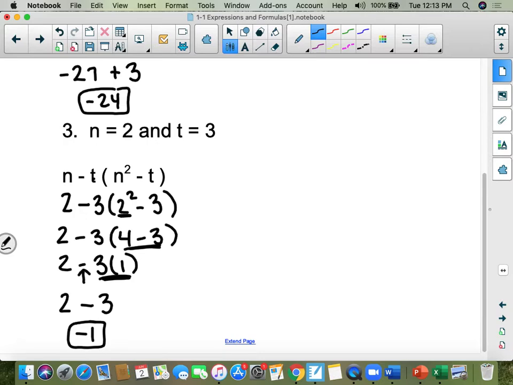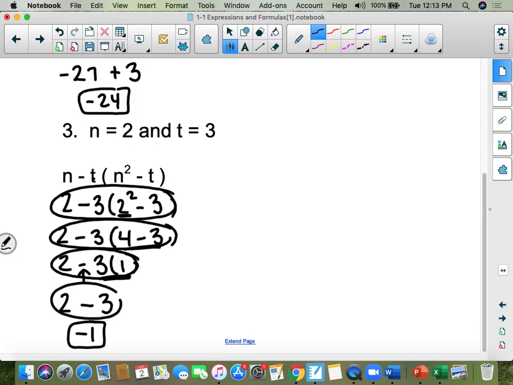Okay, before you do the last problem, I just want to talk about something before we go on to the last screen. See all the work I'm showing? This one, this one, this one, this one. What happens if I was the teacher and I just said, here's the problem for today, and the answer is -1.